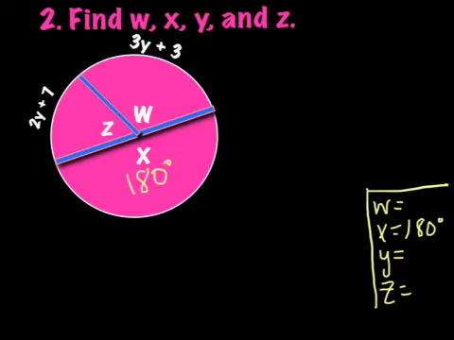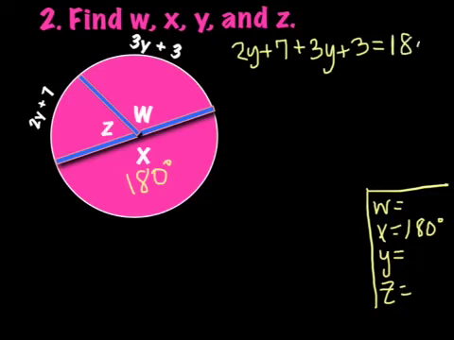Well, if this is 180 degrees, that means that these two would also be 180 degrees. Okay, so that's how we're going to solve for y. So we know that 2y plus 7 plus 3y plus 3 has to equal the other part of our circle, which is 180 degrees. So we need to solve this equation. So combine like terms, 5y plus 10 equals 180 degrees.